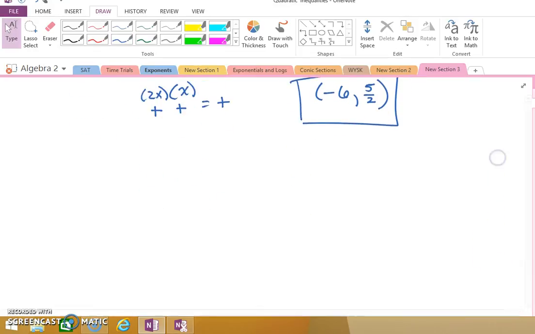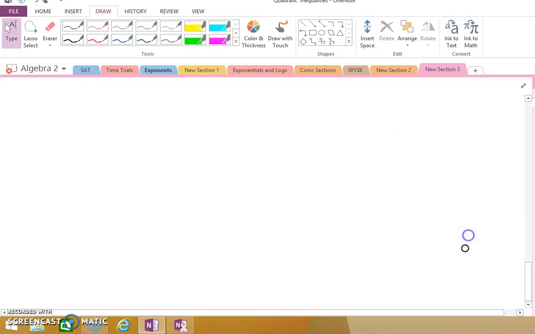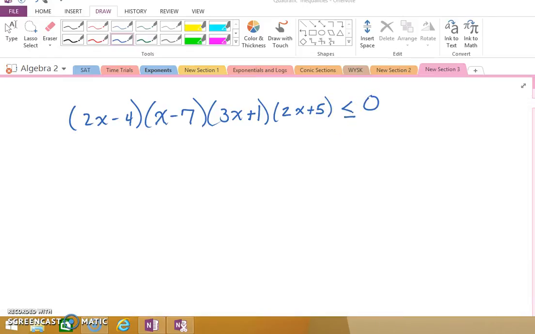Like I said, you can do pretty cool stuff with this once you get the hang of it. I can do some pretty crazy ones that look like this: 2x minus 4, x minus 7, 3x plus 1, 2x plus 5, and let's say less than or equal to 0.